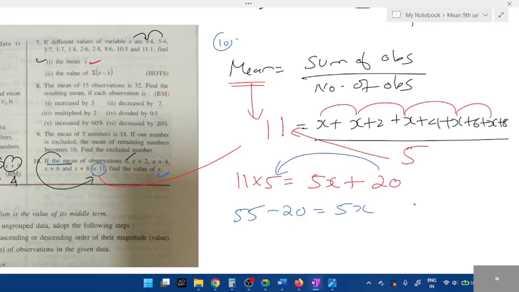Okay, complete this for homework, students. Find the value of x later. Just make a note. Done. What is the x value?